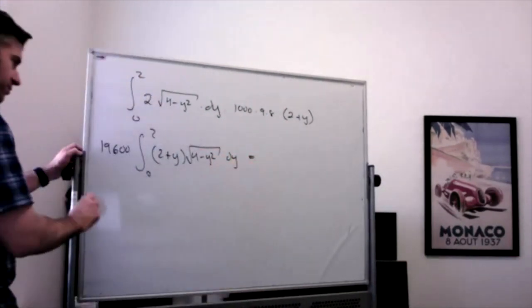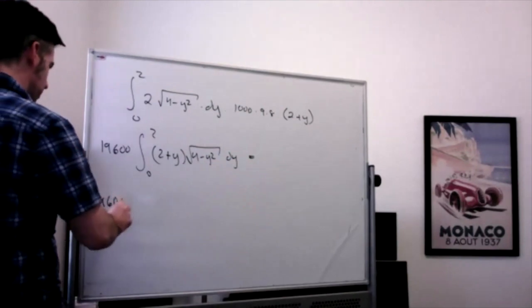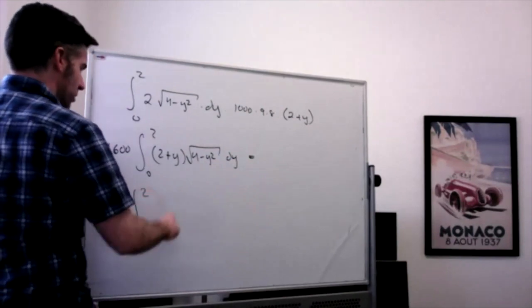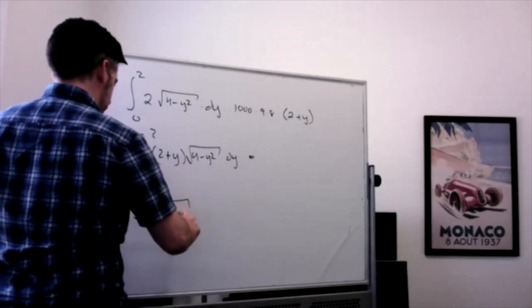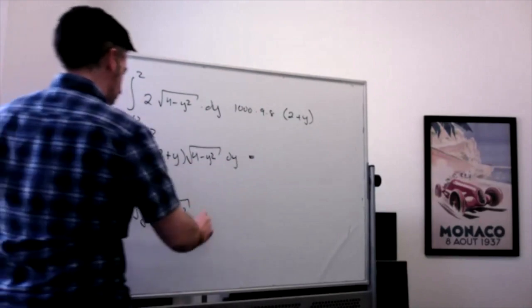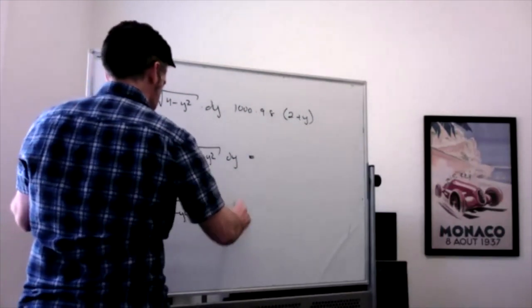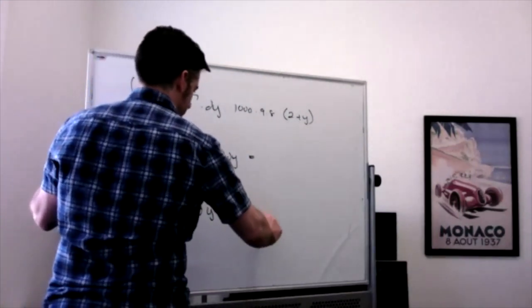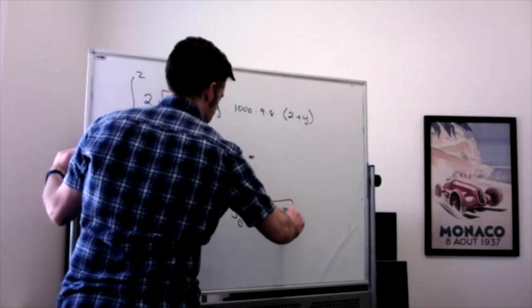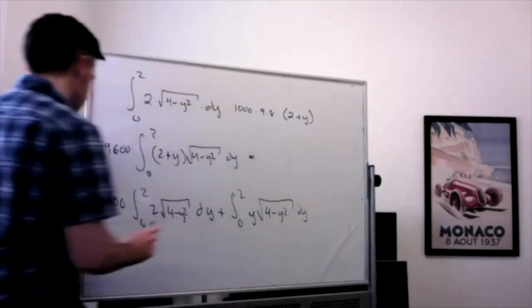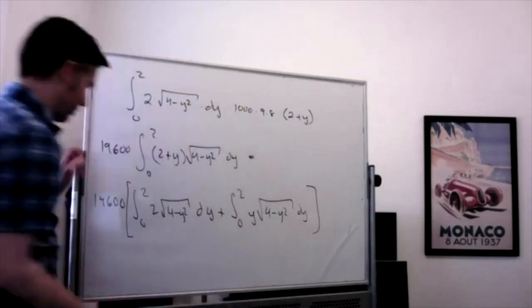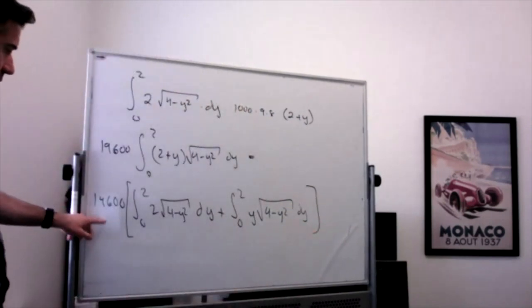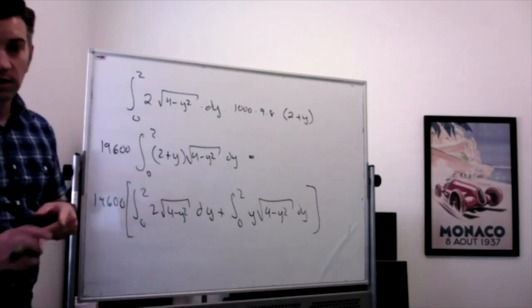So I'm going to distribute, I'm going to get 2 times the square root of 4 minus y squared, and then I'm also going to have the integral from 0 to 2 of y times the square root of 4 minus y squared. We also need brackets around that because we just need to multiply everything.